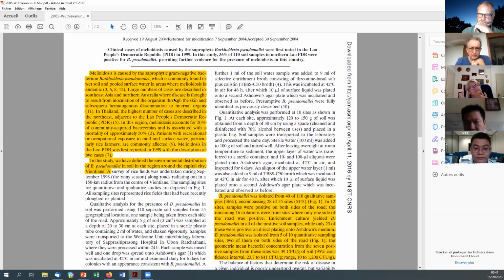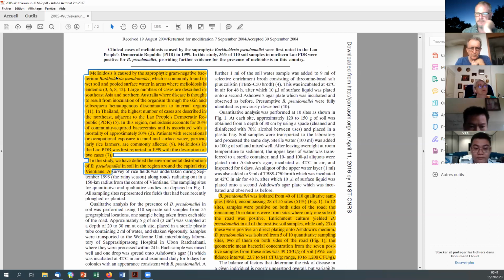Now, I have underlined in yellow the different sections as I see them, because it structures out almost as paragraphs. Now, there's one phrase which could be either or, and it's this first sentence here. But let's have a look at this section. So we have a description of what is melioidosis, a general description.